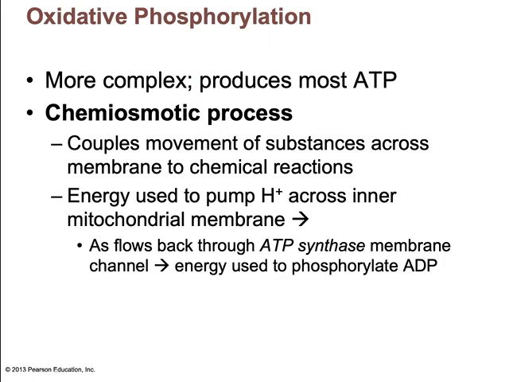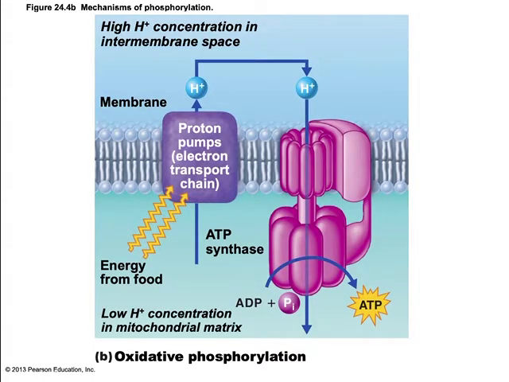The energy from high energy electrons of NADH and FADH2 is stripped out as those electrons flow down the chain, and then pumps will move protons from the matrix into the inner membrane space, generating now a pH gradient across the membrane. Okay? And then what happens is that that pH gradient is relieved as it flows back through ATP synthase in order to make 32 of the 38 ATP that you can produce in running all three legs of metabolism.